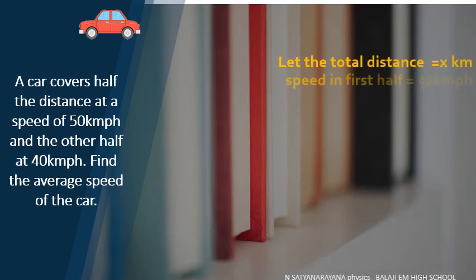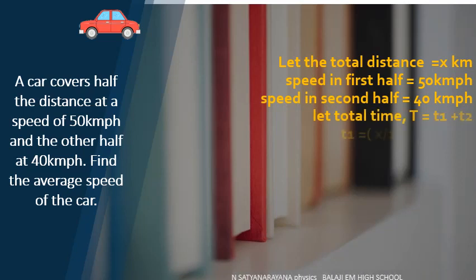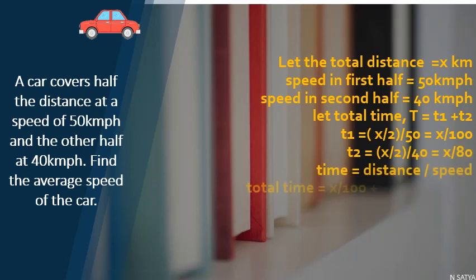Speed is equal to distance by time. Let the total distance from the initial point to the final point be x. Speed in the first half is given as 50 kmph. Speed in the second half is 40 kmph. Let the times be t1 and t2.